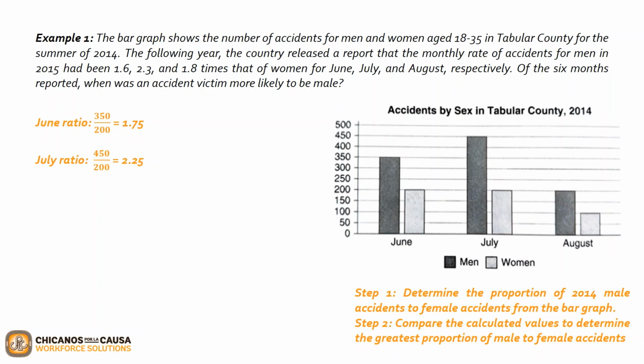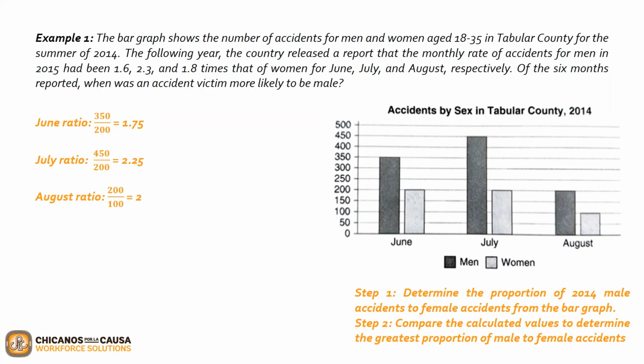So using our division once again, that gives us a total of 2.25. And finally for August, we have 200 accidents as experienced by men and 100 accidents as experienced by women, which gives us a total of 2.